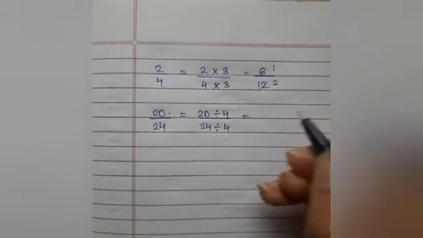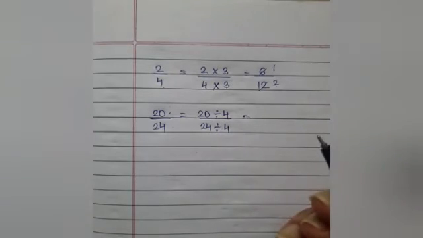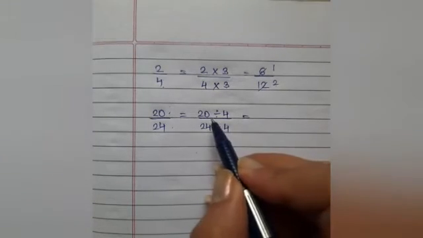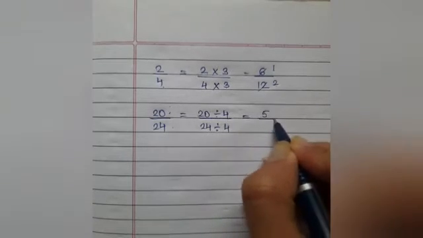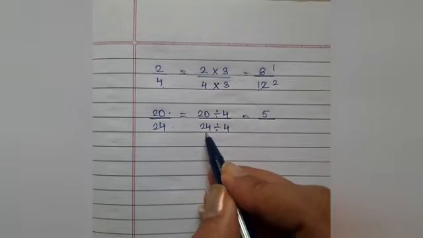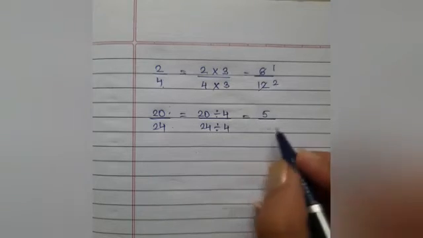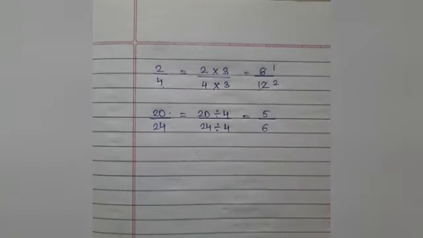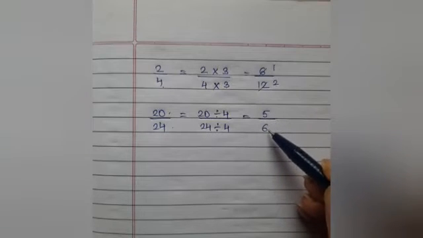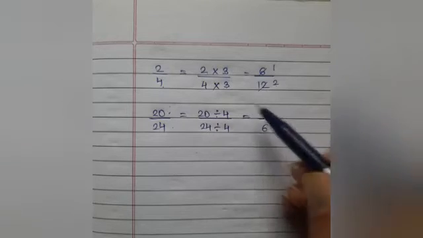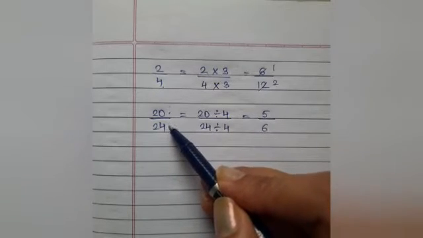So, 20 divided by 4 is 5 and 24 divided by 4 is 6. So, 5 upon 6 is the equivalent fraction for the given fraction.